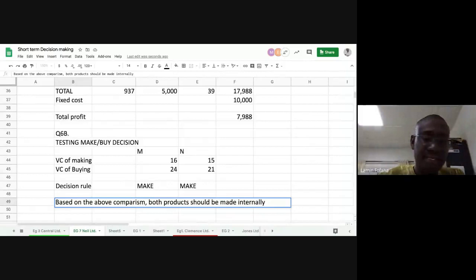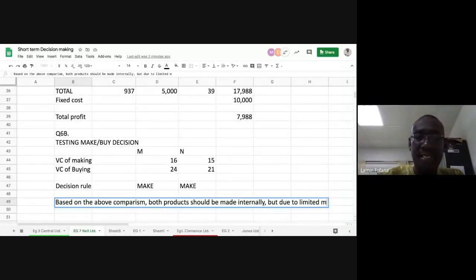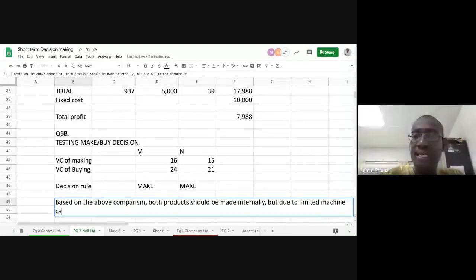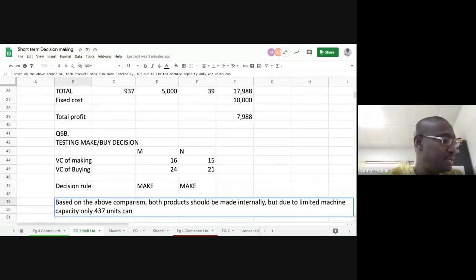Both products should be made internally, but due to limited machine capacity, only 437 units can be produced as per 6A.